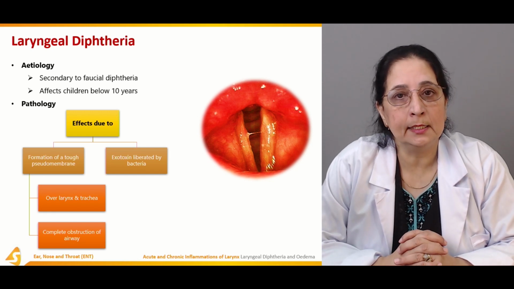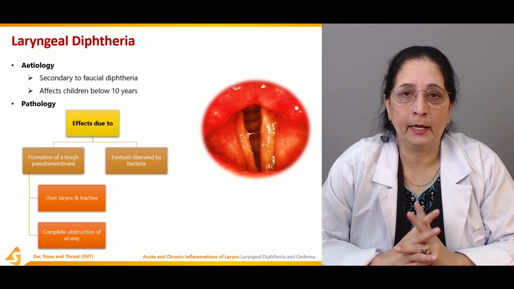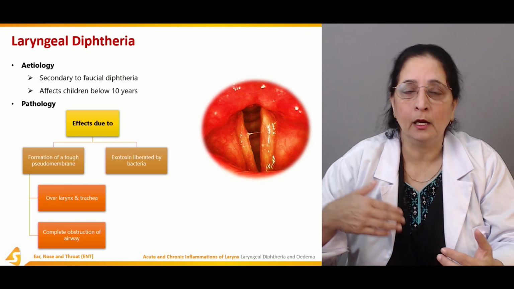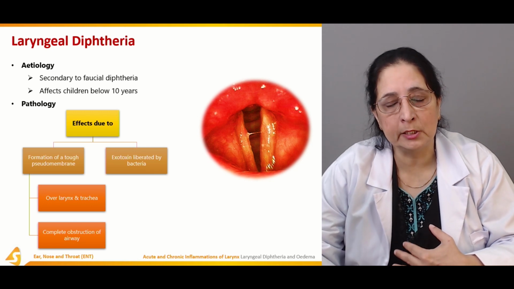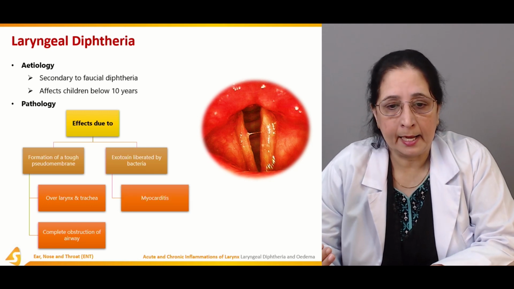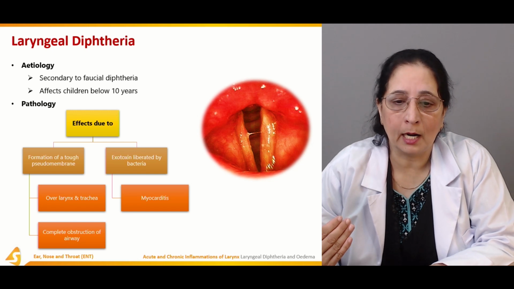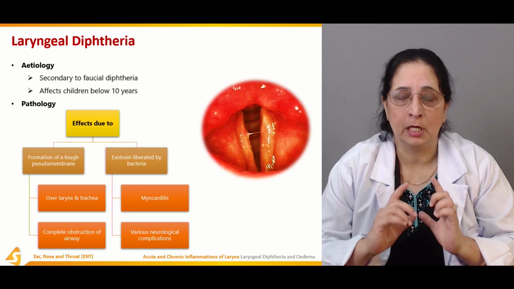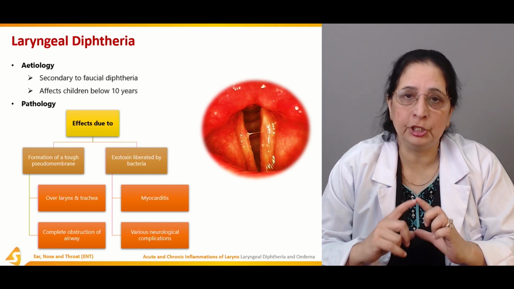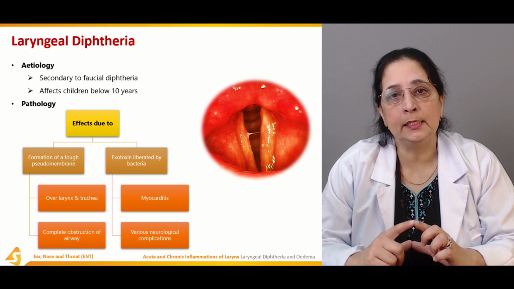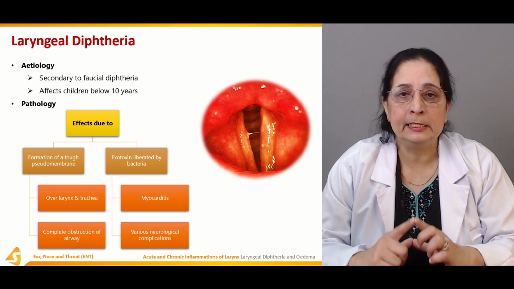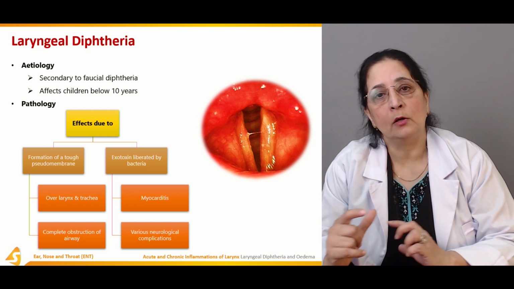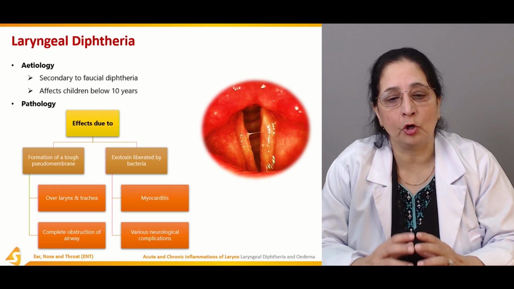Exotoxin liberated by the Corynebacterium bacteria also produces symptoms, which include myocarditis and various neurological complications. So the infection caused by Corynebacterium diphtheriae leads to the formation of the membrane, and it also produces an exotoxin.